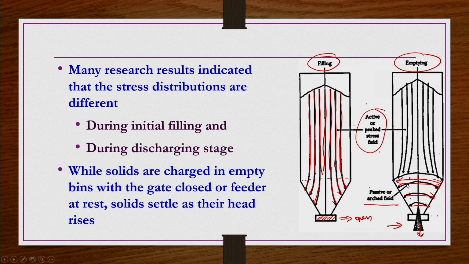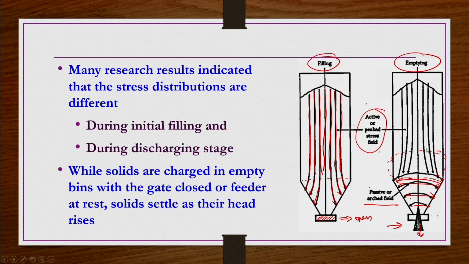Above it, the active or peaked stresses, just above the conical section, were almost vertical in the previous case, but here they are not vertical; they are arced to a certain distance like this.